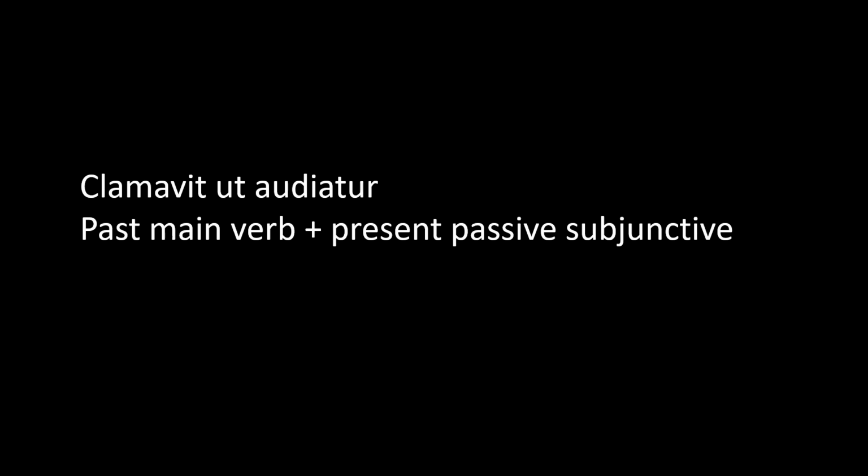The perfect tense represents a past action that still affects the present. To show you what this means, let's take these sentences in English. He shouted so that he might be heard. An aorist main verb plus past passive subjunctive.